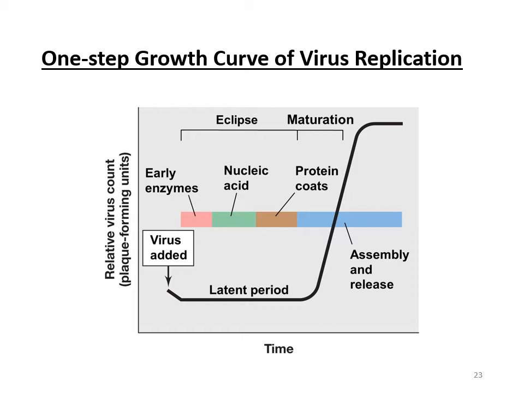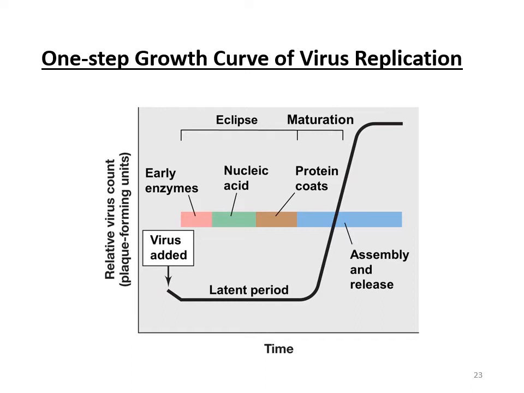So when you're doing a study looking at the viral amount in a culture, you'll basically see no change, and then boom, a big jump in the number of viruses present because now they have burst out.